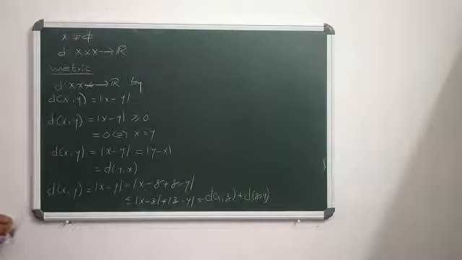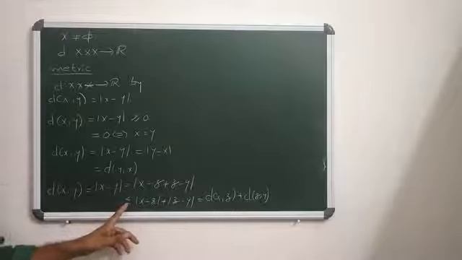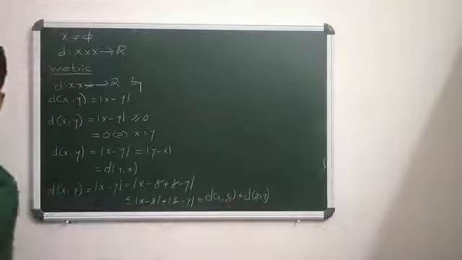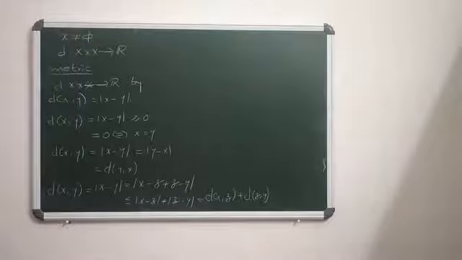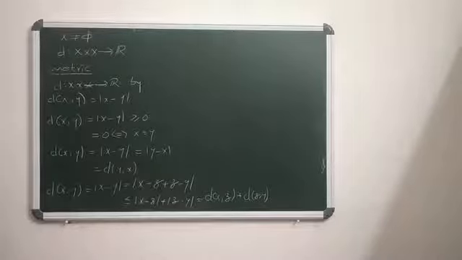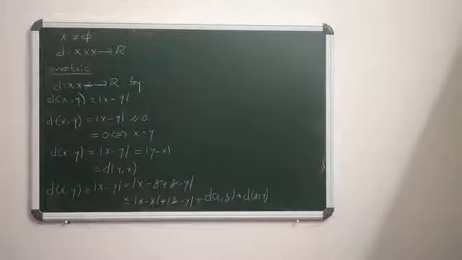So this is the triangle inequality, d(x,y) less than or equal to d(x,z) plus d(z,y). So clearly modulus of x minus y is a metric. This is the best way to prove whether a given function is a metric or not. Clear? Okay.